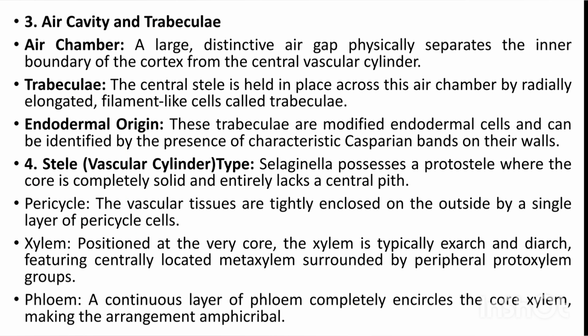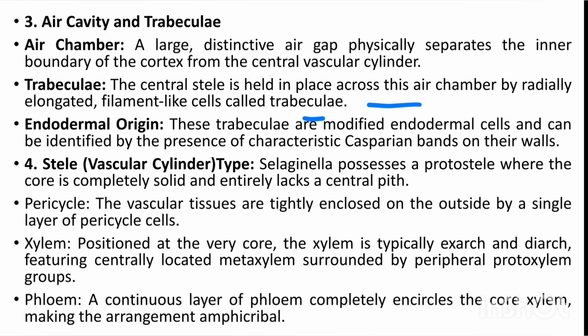Then air cavity and trabeculae. Air chamber: a large distinct air gap physically separates the inner boundary of the cortex from the central vascular cylinder. So the central vascular cylinder is separated from the cortex by air chambers, and that central stele is held in place across this air chamber by radially elongated filaments called trabeculae.